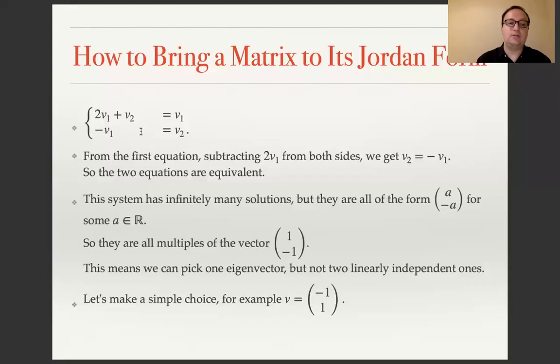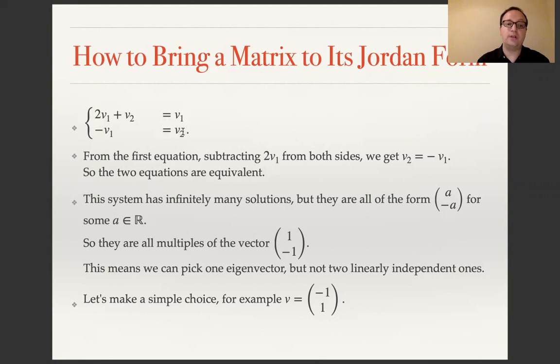Okay, so if everything was correct up to this point, then the two equations should be equivalent to each other, and they should have an infinity of solutions together. So if we subtract 2V1 from both sides in the first equation, we get V2 is minus V1, which is the same as the second equation, which says that minus V1 is equal to V2.